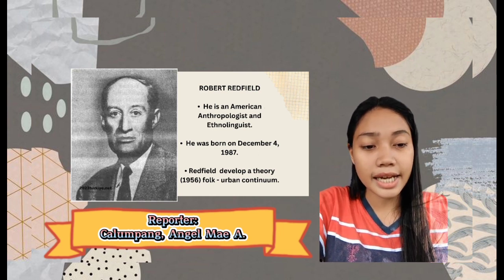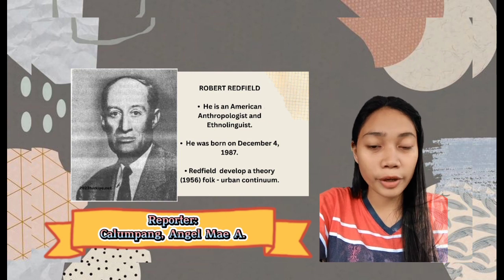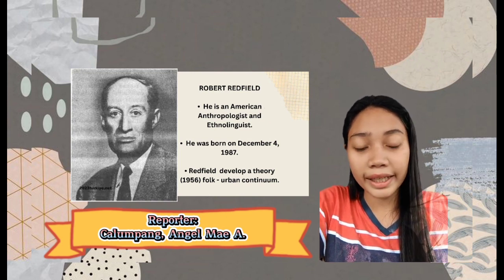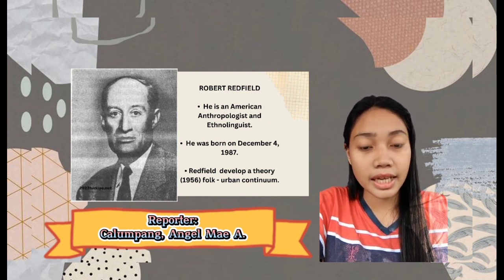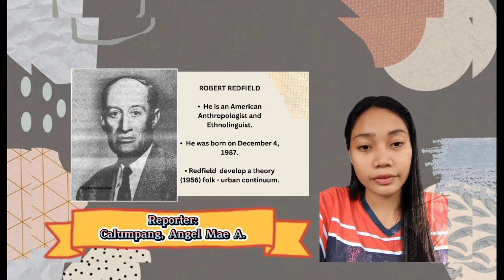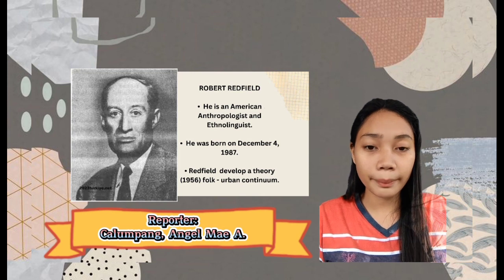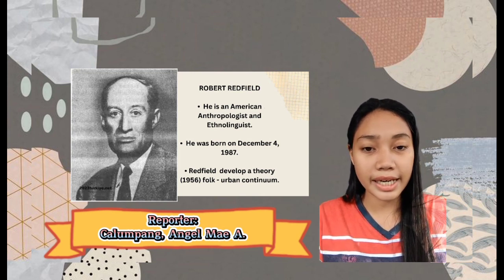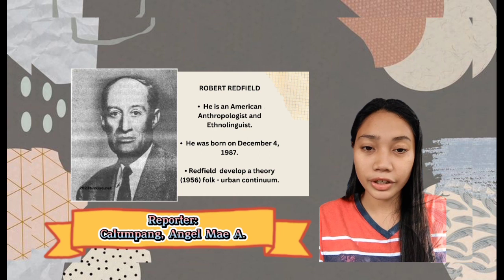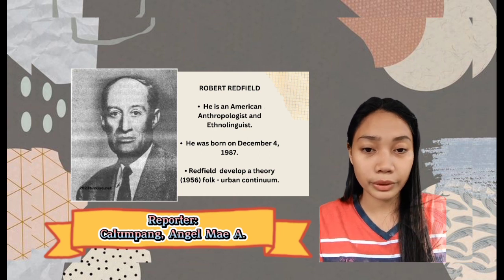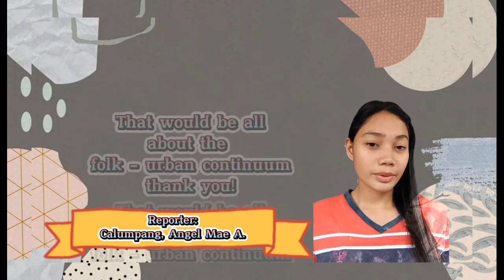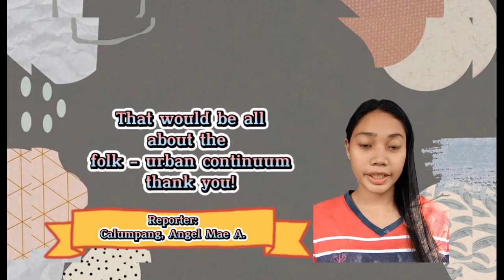He said that the folk and urban societies were placed at opposite ends and are very different from each other. And lastly, the distinction he made between the two societies is based on the dominant traits of the particular group. So that would be all about the folk-urban continuum.